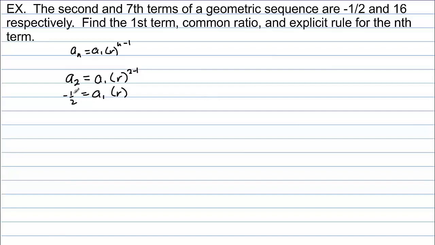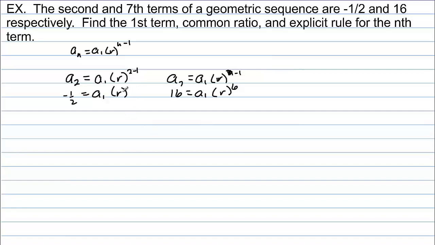A sub 7 equals a sub 1 times r to the n minus 1, and we know n is 7. So a sub 7 is 16, a sub 1 times r to the 6th.